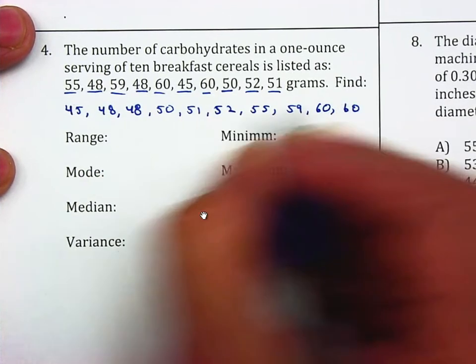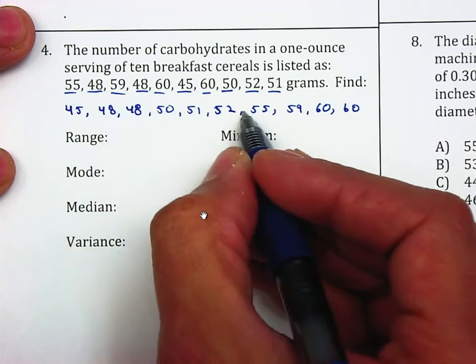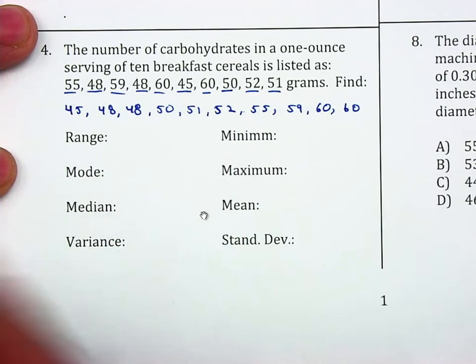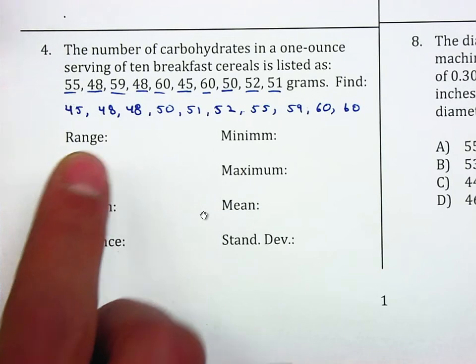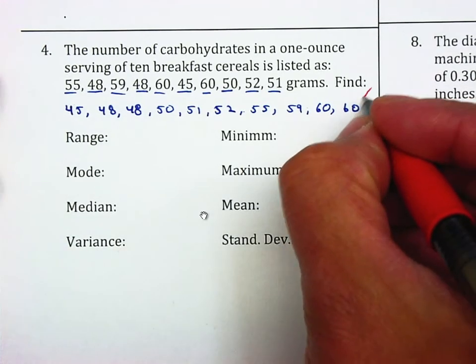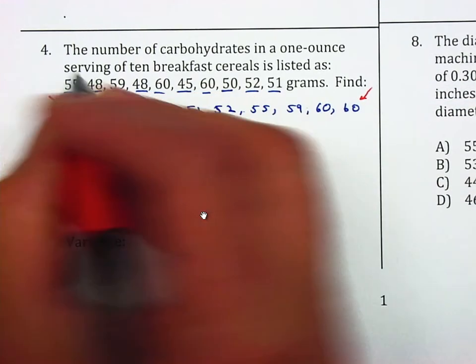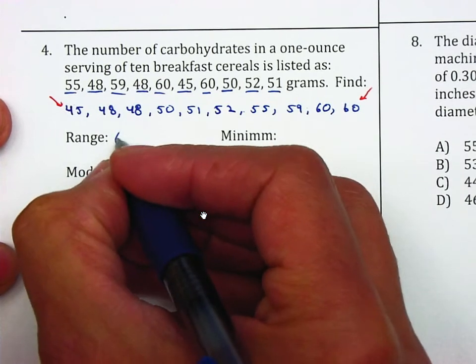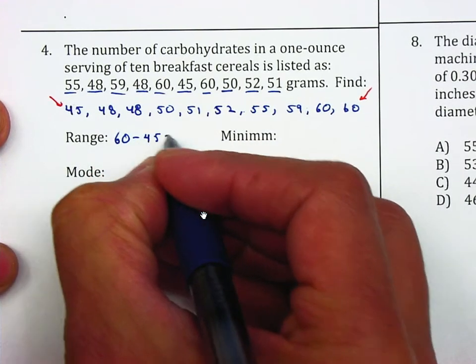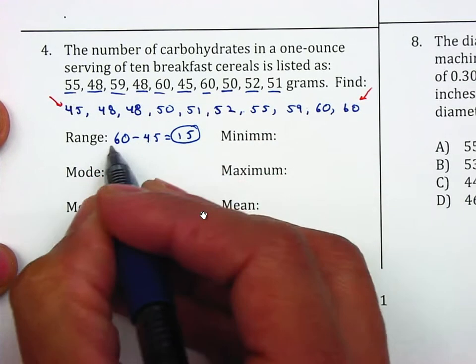And let me confirm that I have 10. 2, 4, 6, 8, 10. To be able to find the range, I'm going to take my largest number minus the smallest one. So it'll be 60 minus 45 gives me 15. Make sure that you show me the work.